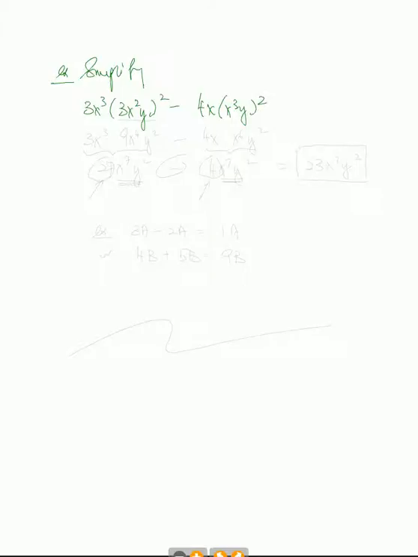Before you can decide if these are like terms, you have to simplify them first, and these are multiplication, whereas that's exponents, so you have to deal with exponents first by your order of operations. So 3x squared y, when you square it, gives 9x to the 4th y squared, minus 4x times x cubed y, when you square it, makes it x to the 6th y squared.